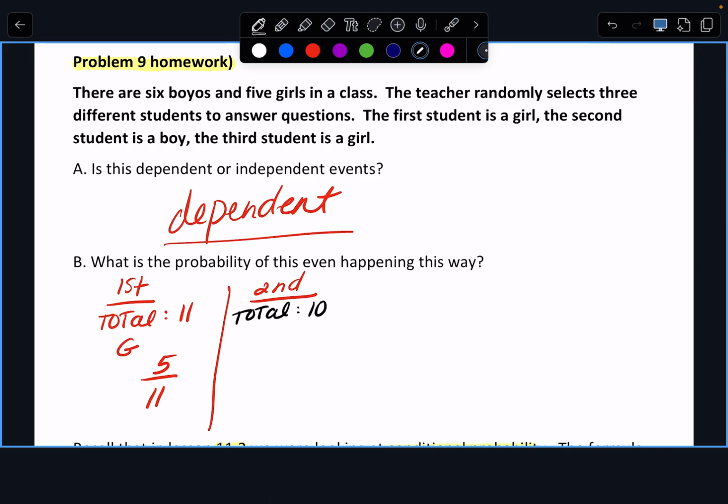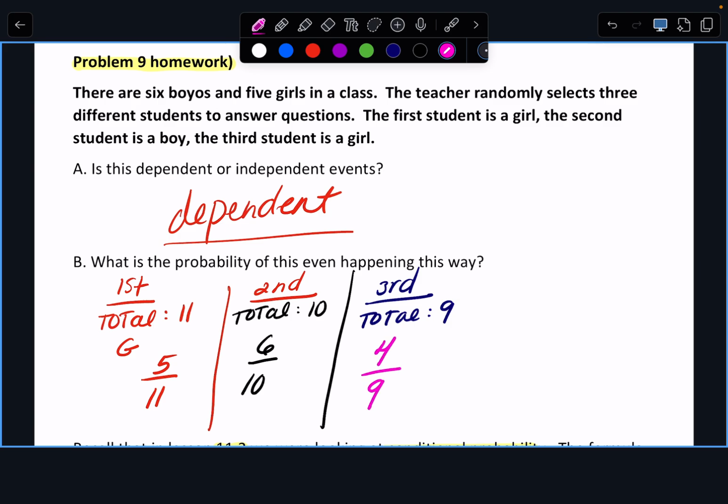Then how many boys is there? 6 out of 10. Then let's do our third. Our total is now 9. 4 out of 9. And there's not 5 girls in there anymore because we've already picked one. You're right. There's 4 girls. Do you guys see what I'm saying? Because we've already picked one girl. 4 ninths. And then you just multiply those numbers together.